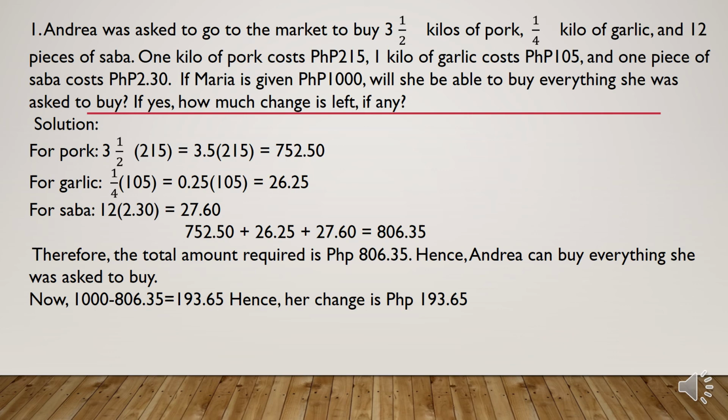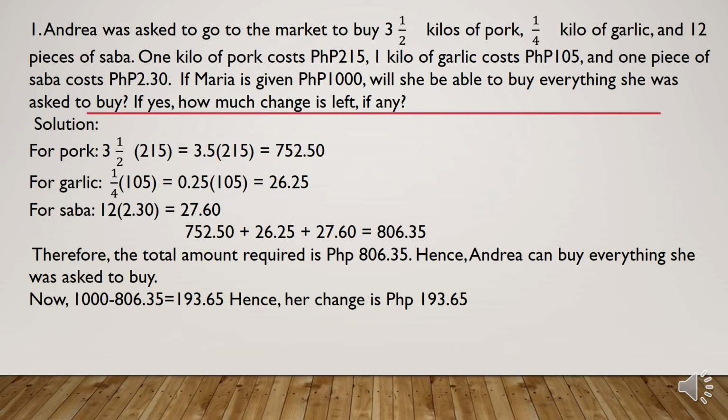So, of course, in solving a problem, we must have our step-by-step solution. Since she was asked to buy 3.5 kilos of pork, it was stated here that 1 kilo costs 215.